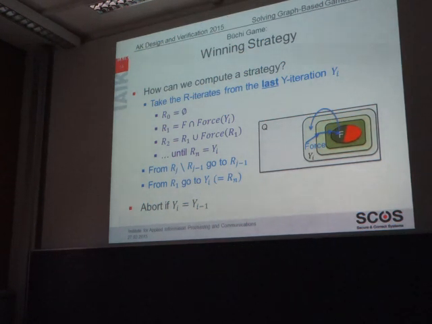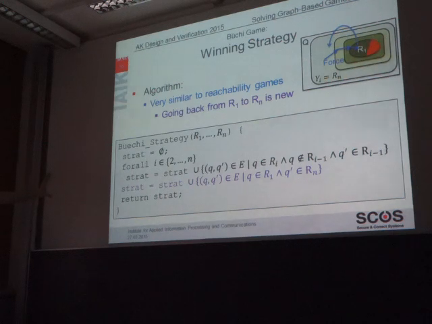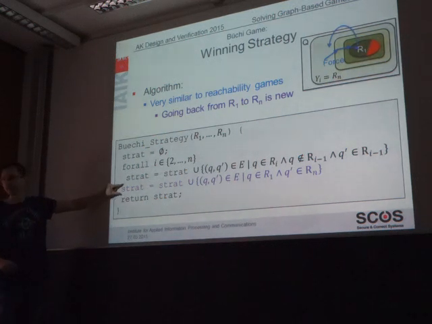So this is our general strategy for computing a winning strategy for a Buechi game. Turned into an algorithm, the algorithm looks exactly the same as for reachability games, only this line here is new.